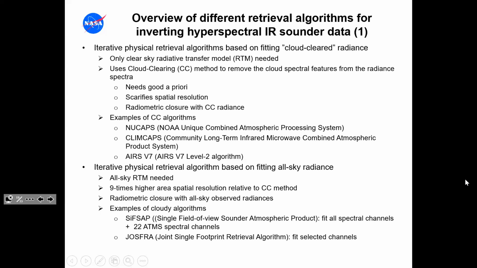So I want to remove the cloud from my observation, and then I can use a clear sky radiative transfer model to do that. And even with clear sky, they can only pick a few hundred channels out of thousands of spectral channels. So that's the old technology. Right now the NOAA operational algorithm and the NASA operational algorithms are all using this algorithm.